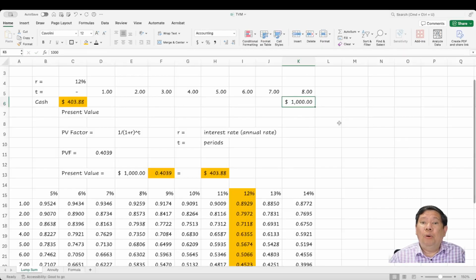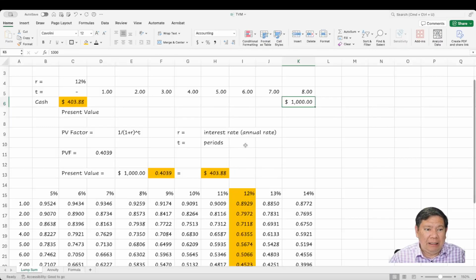Now, for bonds, for example, when you value bonds, it's possible that the bonds pay interest every 6 months. So you don't want to do annual calculation like this.